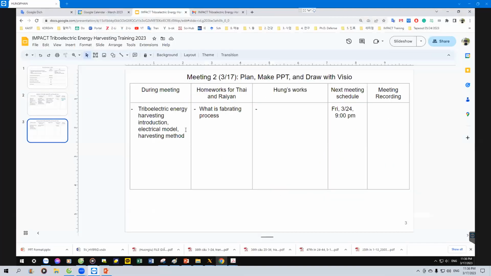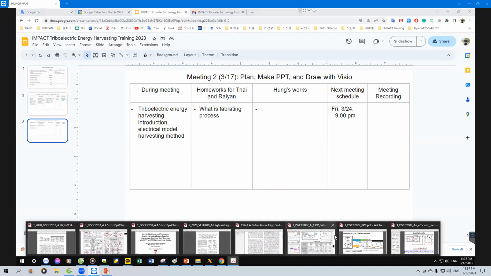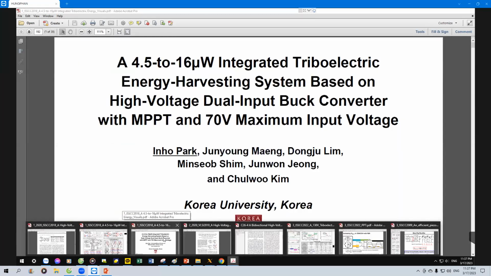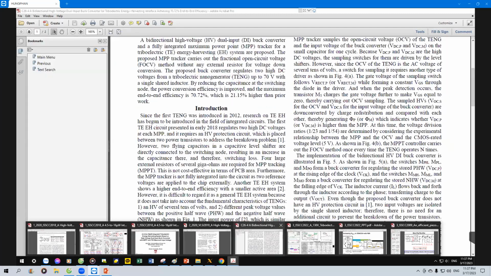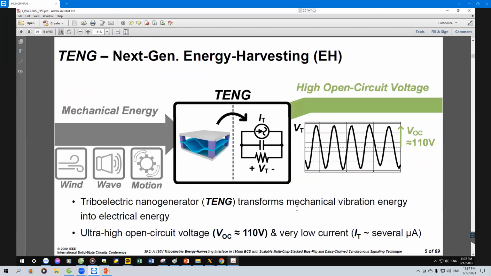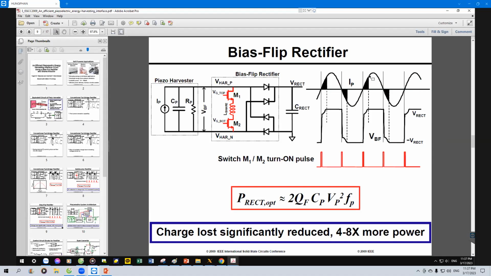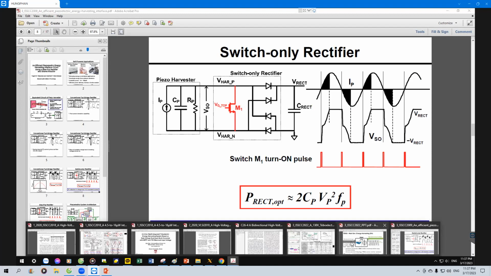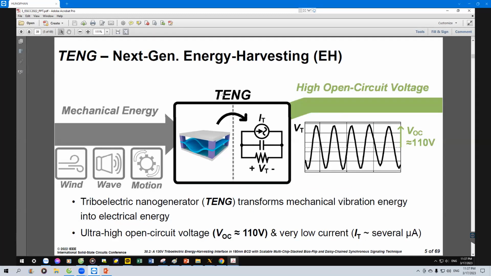Next, I think in this paper, you can see the voltage is sideways, right? Sideways, almost similar to piezoelectric. I think it depends on the material of your TENG, so your waveform could be different.